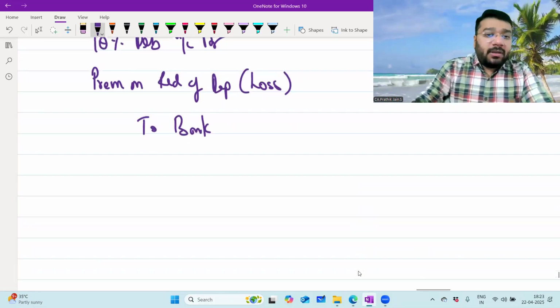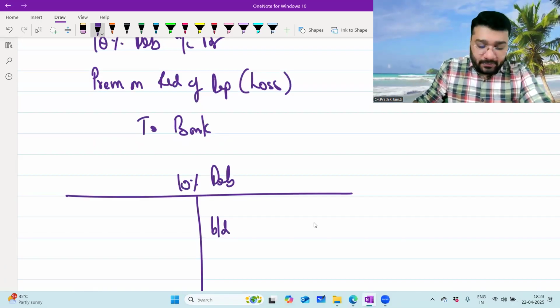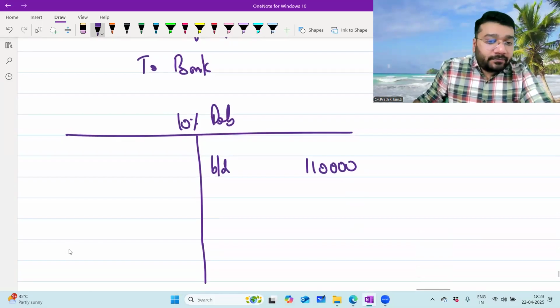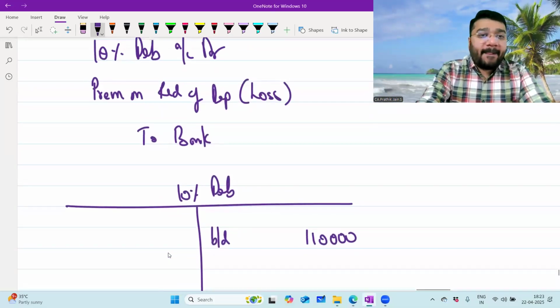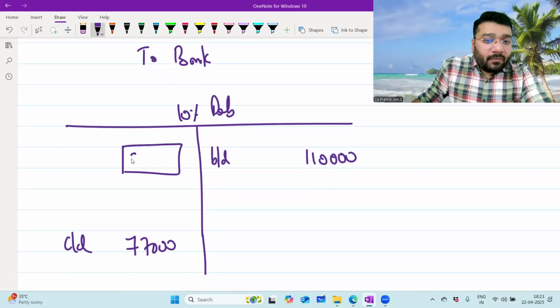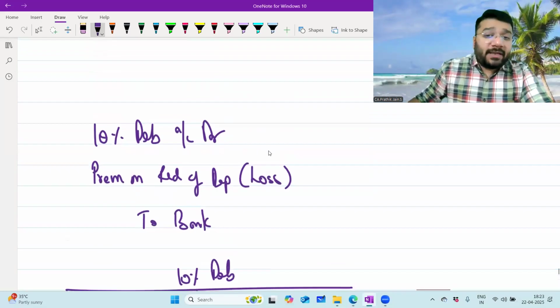Now, let me open the debenture account for all of you. 10% debenture account. What is the balance brought forward? 1 lakh 10,000. Closing balance, how much? 77,000. How much debenture is redeemed? 33,000 is redeemed to bank, and this is redeemed at a premium of 5%.